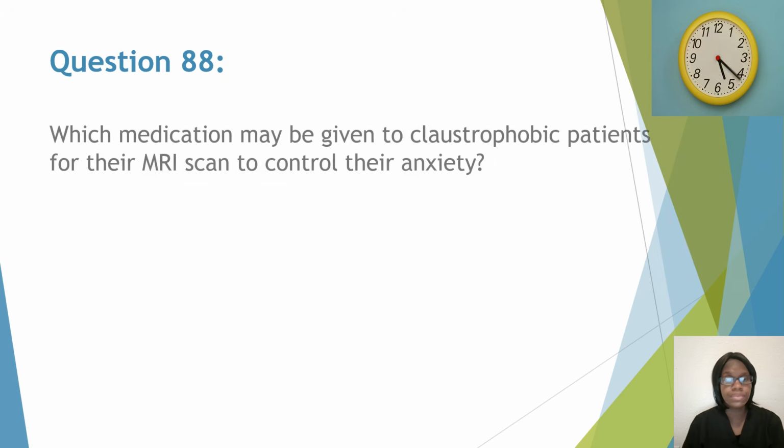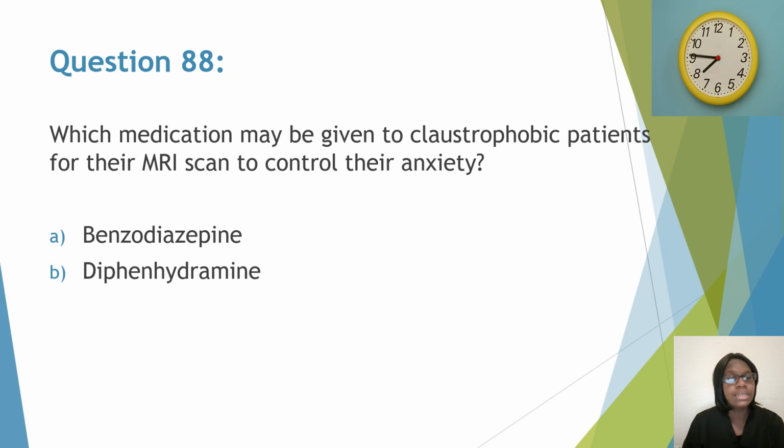Question 88. Which medication may be given to claustrophobic patients for their MRI scan to control their anxiety? A, benzodiazepine, B, diphenhydramine, C, prednisone, D, Zyrtec.